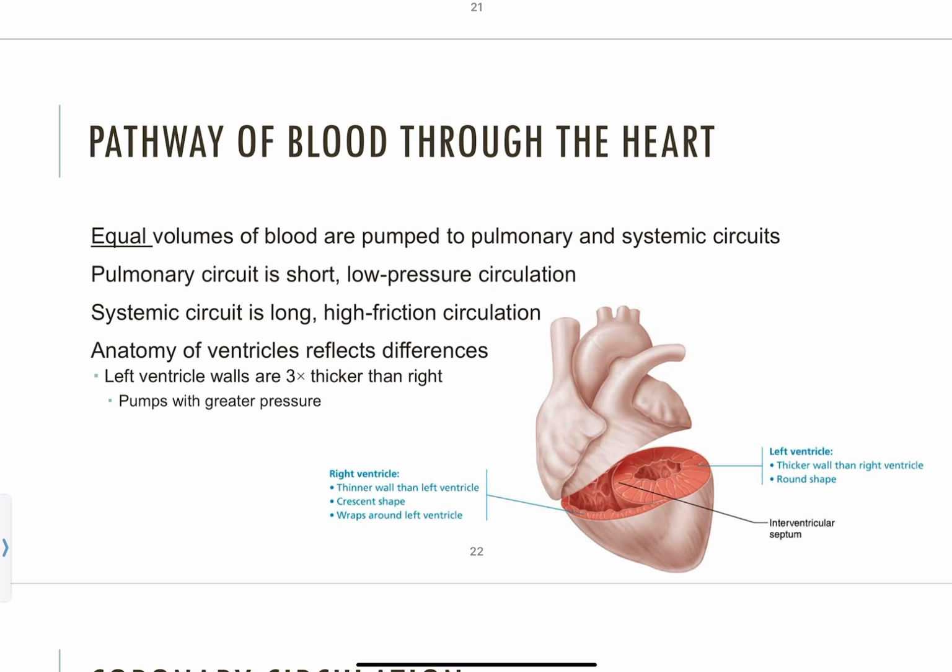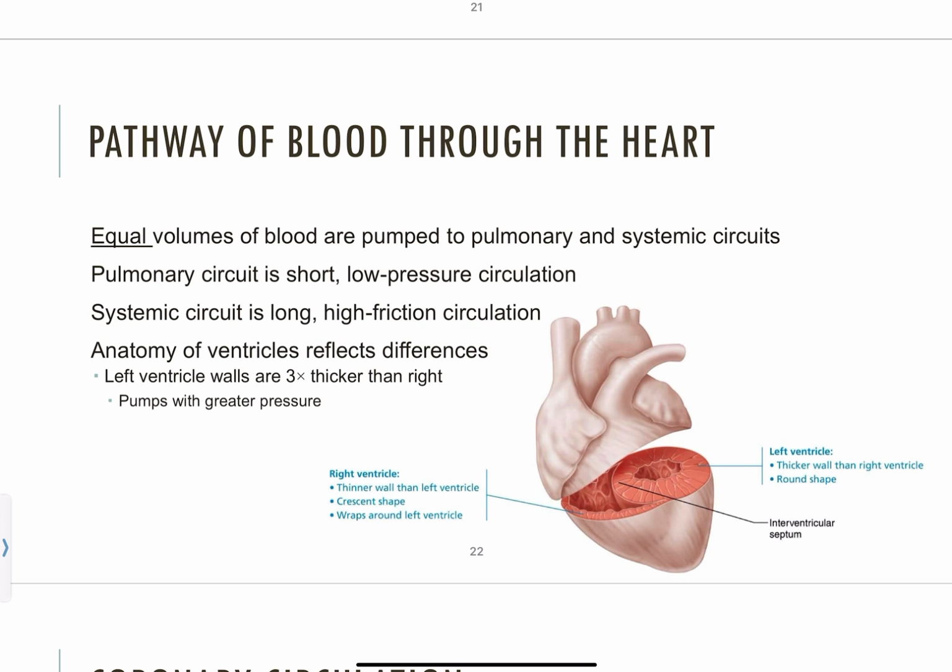So although our heart pumps equal volumes of blood through both circuits, the workload is very different. The pulmonary circuit, which again is going to be managed by our right ventricle, is a really short, low pressure route to the lungs. In contrast, our systemic circuit, which is handled by our left ventricle, has to push this blood throughout our entire body. So it's facing about 5 times more resistance.